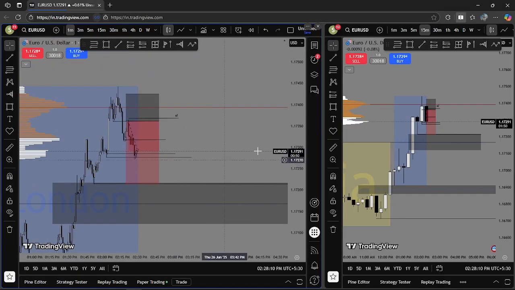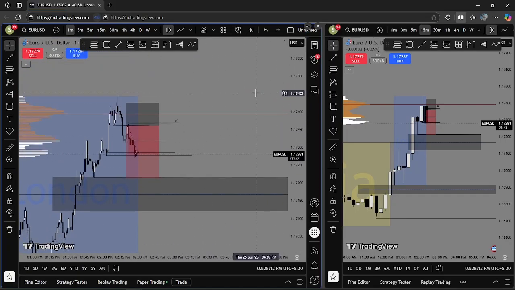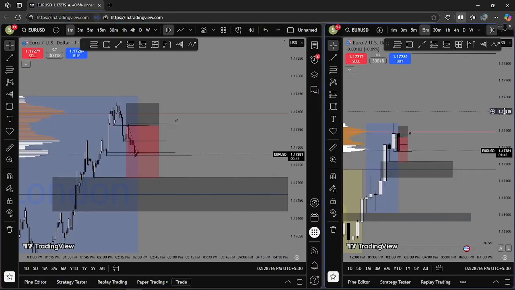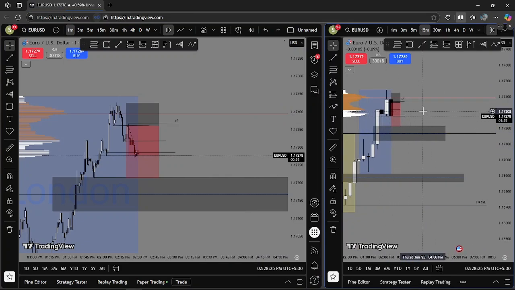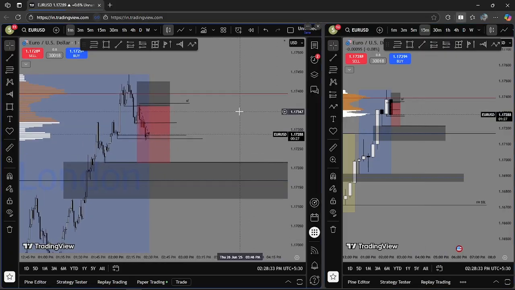Exactly at our conflict zone area, I can only say the whole shifting structure can happen only when we can break through this conflict zone here. Until and unless we can break through that conflict zone, I cannot say that we are completely reversed from the daily high.